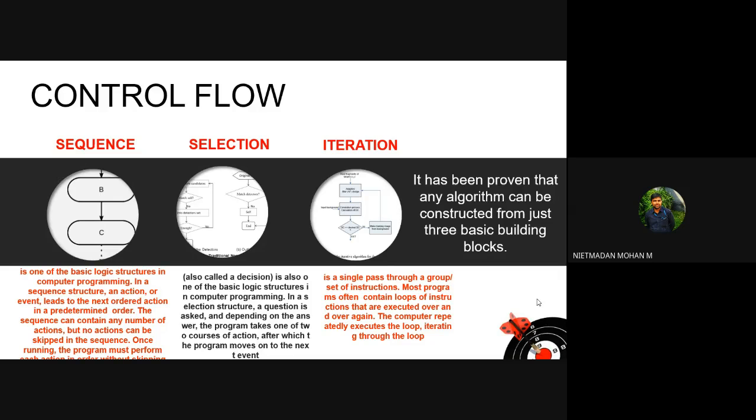If the particular statement is false, then it will jump to some other statement mentioned in the algorithm. And iteration: if you need any looping statement in your program for continuous execution of a particular block, then we go for iteration. So these are the three types of control flow. Fine.